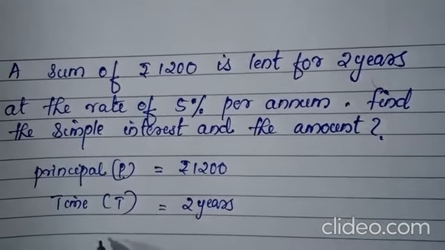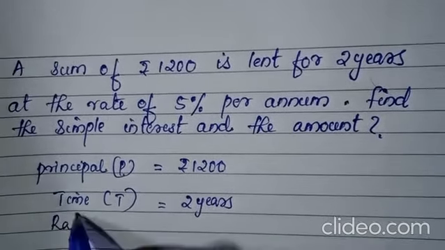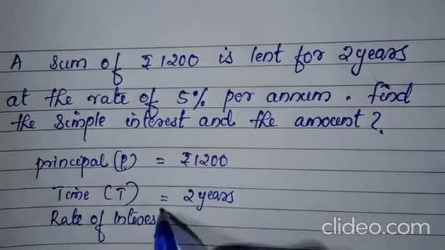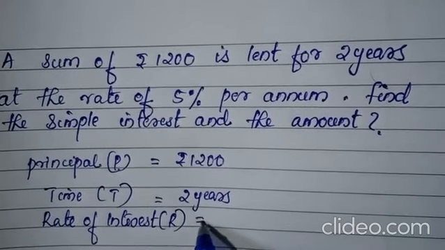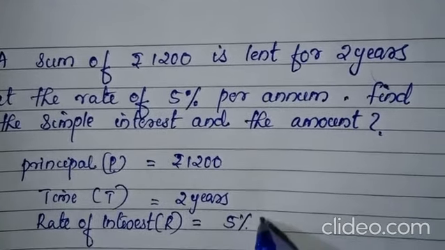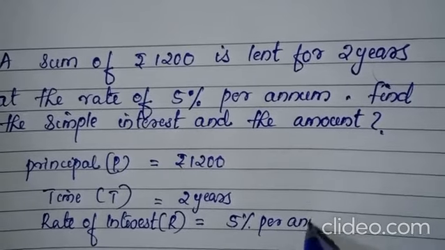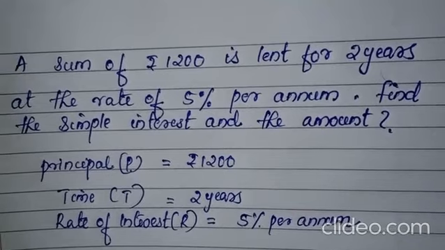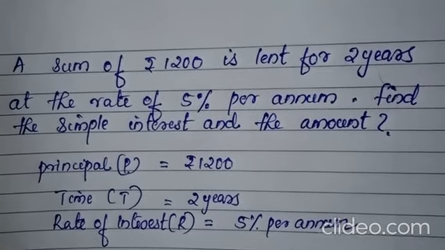Next, the rate of interest R is equal to 5% per annum. Then they ask us to find the simple interest and the amount.